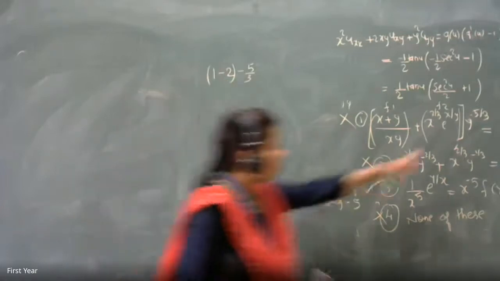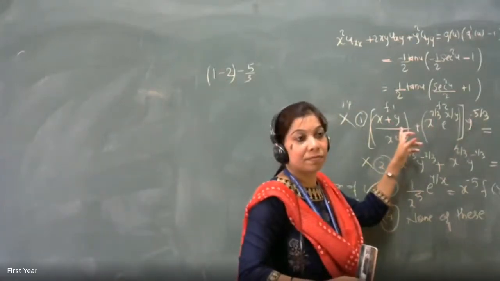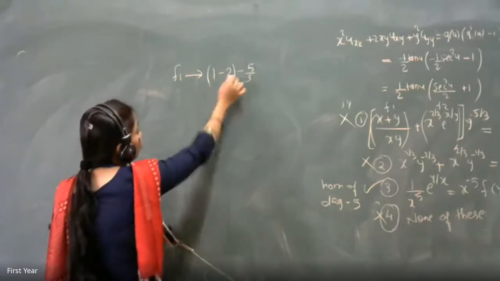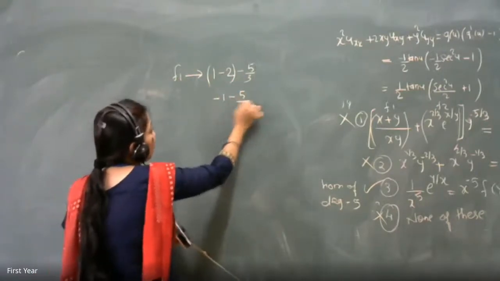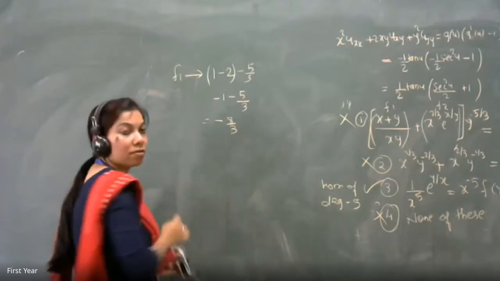Y raised to minus 5 by 3 has to be multiplied. So the f1 degree will be 1 minus 2 is minus 1, minus 5 by 3, that is minus 3 minus 5, minus 8 by 3.